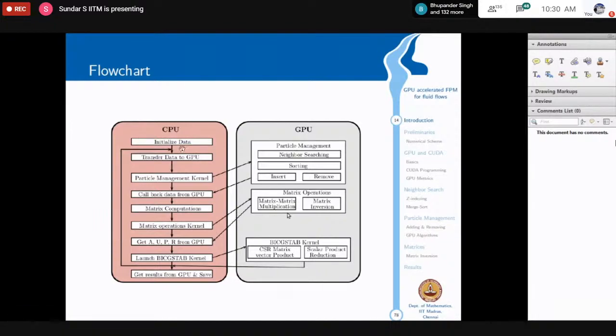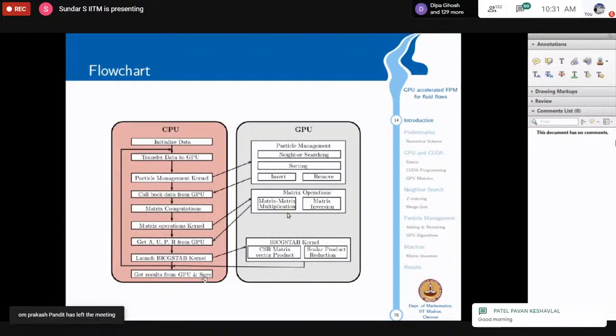You just see that there are different components: initialize data, transfer data to GPU, particle management kernel, call back data from GPU, matrix computation, matrix operations kernel, then get the result. You will understand what I mean by all these things. Then launch BiCGStab, the biconjugate gradient stabilized method, get results from GPU and save.